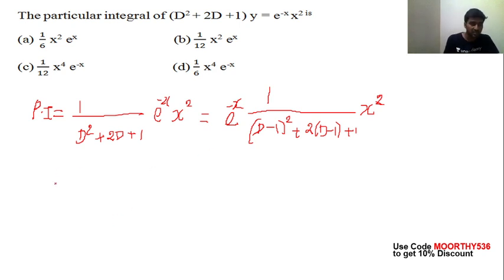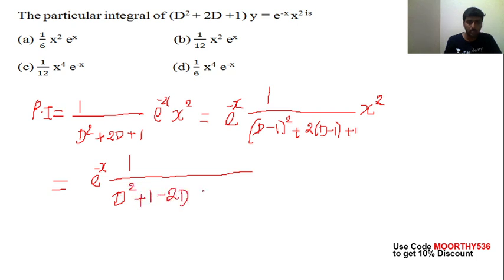Coming to the simplification of the denominator, it is equal to e power minus x into 1 divided by, expand this formula. D square, (a minus b) the whole square formula, it is D square plus 1 minus 2D. Now multiply the 2 inside, plus 2D minus 2 plus 1, into x square.